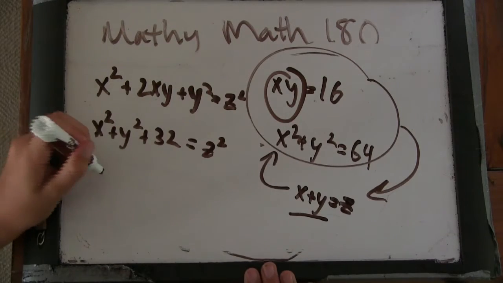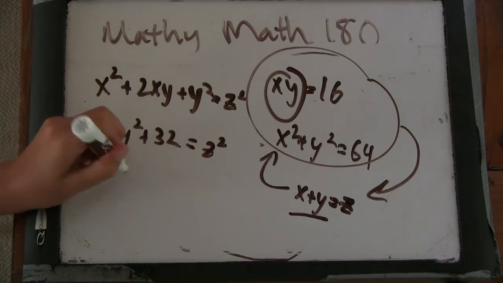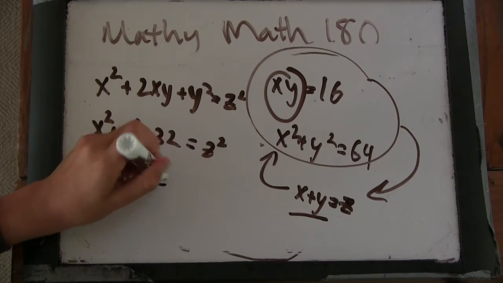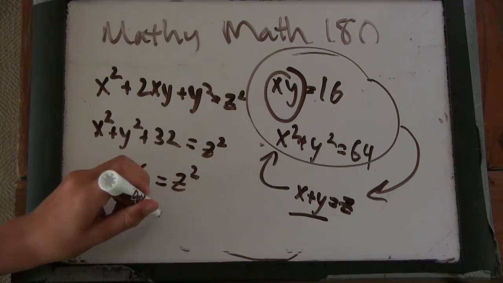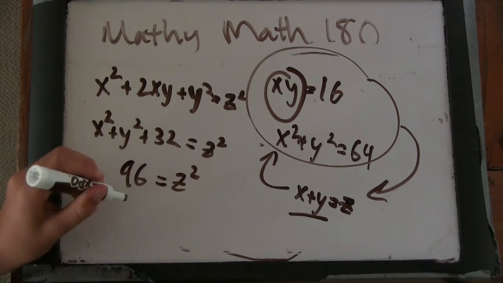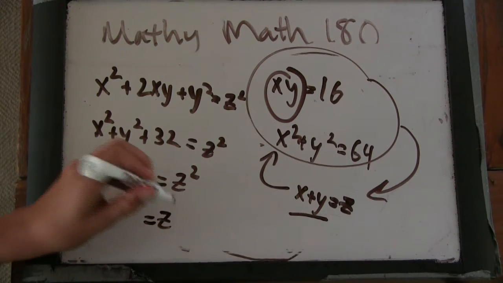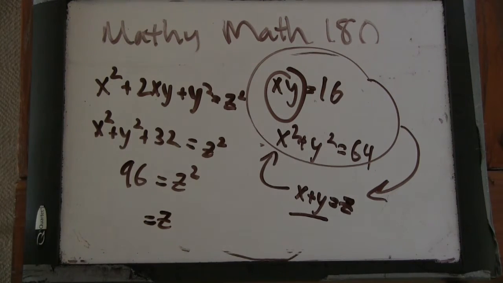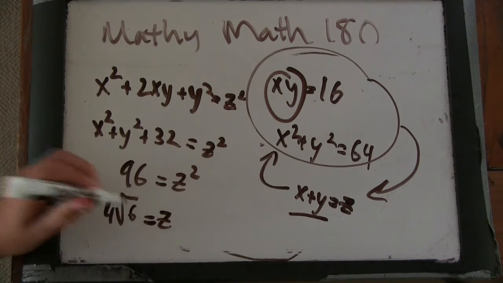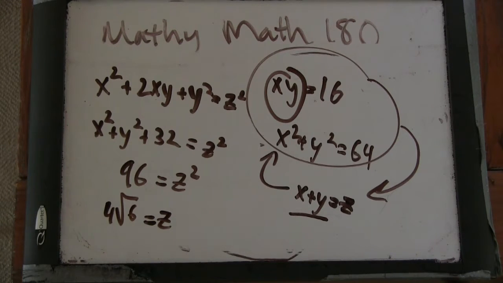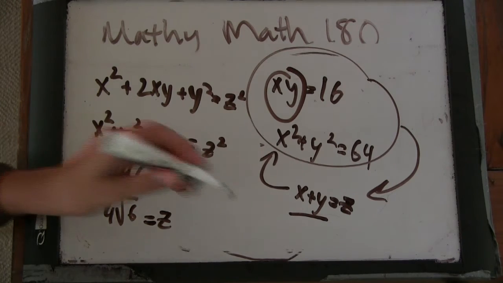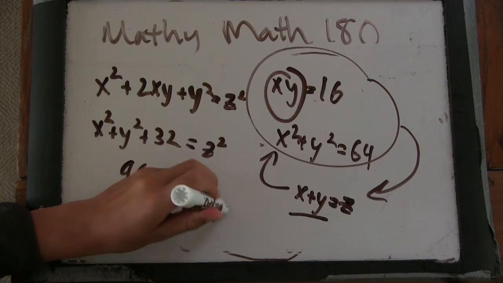That's 64. So 64 plus 32, 96 is z squared. So z is 4 root 6. And the perimeter is 8 plus 4 root 6.